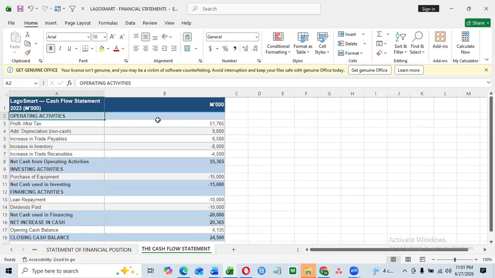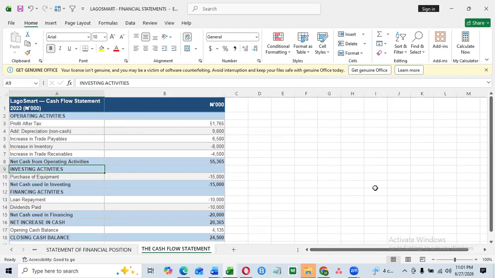Now, operating activities contains cash from day-to-day business operations. The cash flow statement also shows cash movement from investing activities. Now, investing activities has to do with cash spent or received from buying or selling assets.